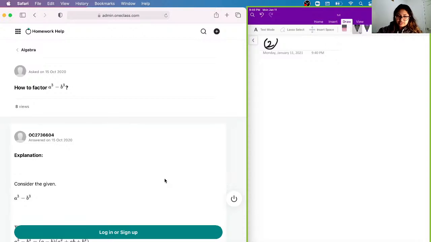Our next question says how to factor a cubed minus b cubed.